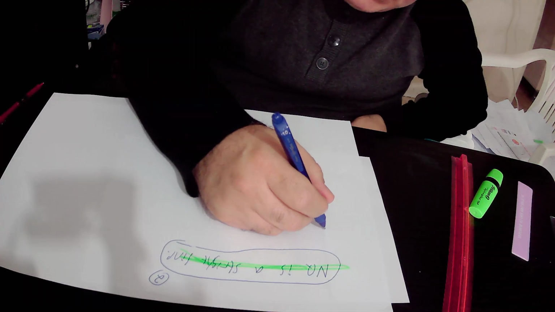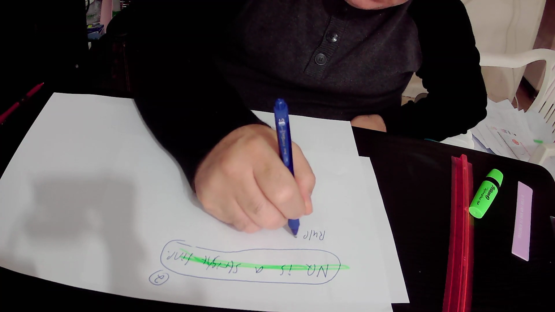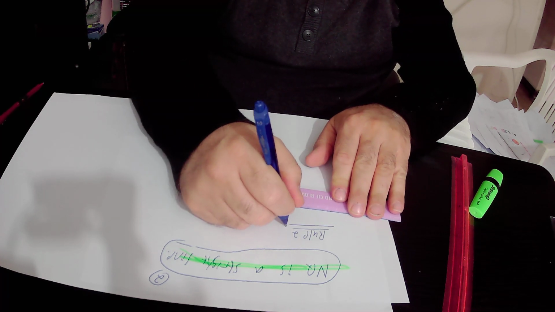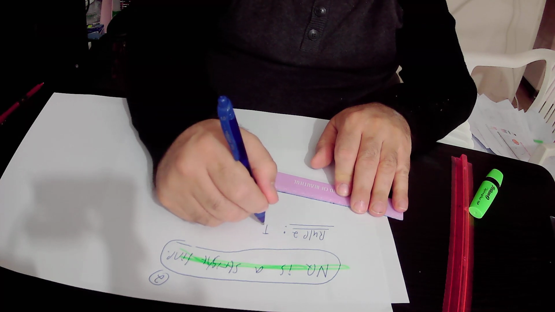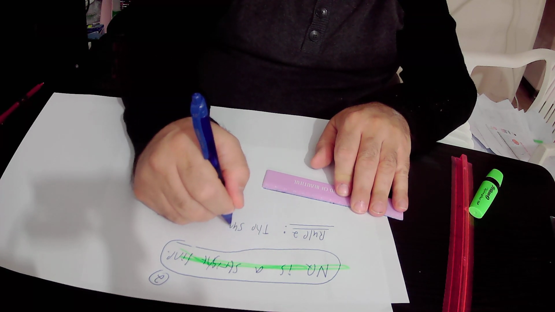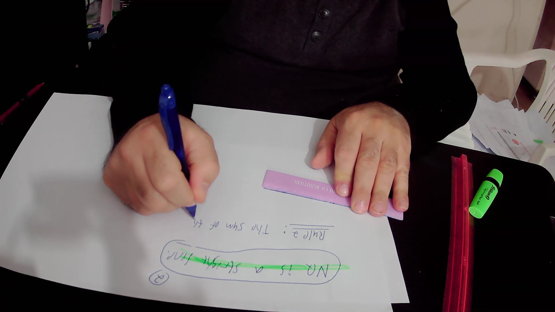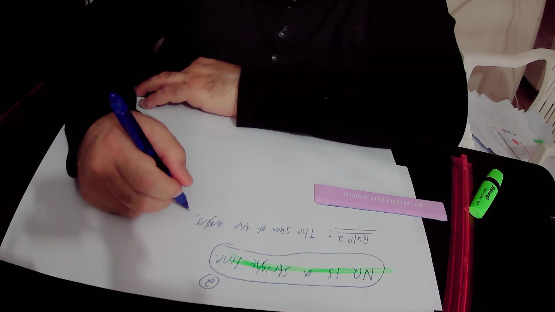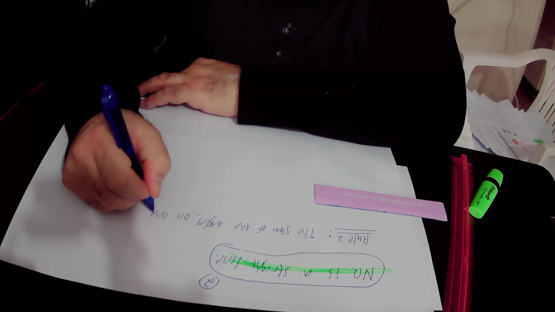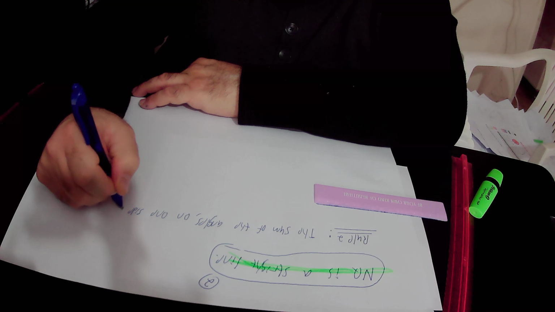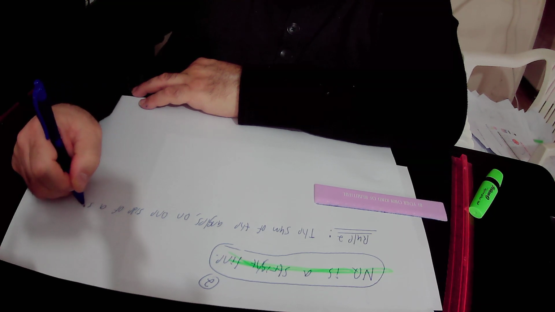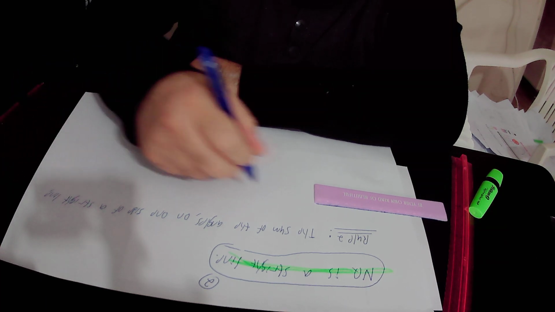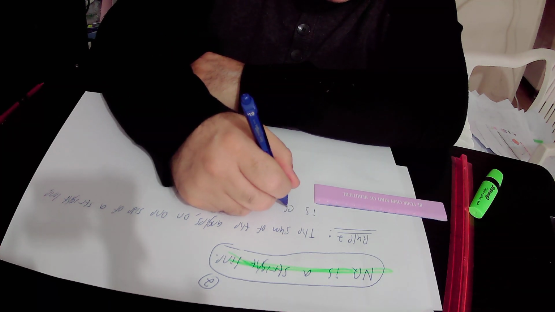And we also have rule number 2. That states that the sum of the angles on one side of a straight line is equal to 180 degrees.